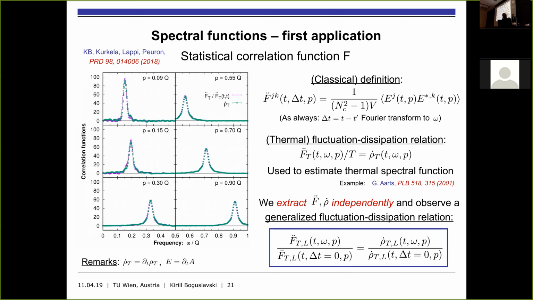And at low momentum, you just have the fluctuation-dissipation relation, which trivially makes them the same, basically. However, out of equilibrium, this is very non-trivial. They are, in general, completely independent functions. However, it turns out that if you normalize this one properly, because of course the statistical function is proportional to the distribution, if you normalize it in the same way as you normalize the spectral function, then they fall on top of each other, which is something one can call the generalized fluctuation-dissipation relation.